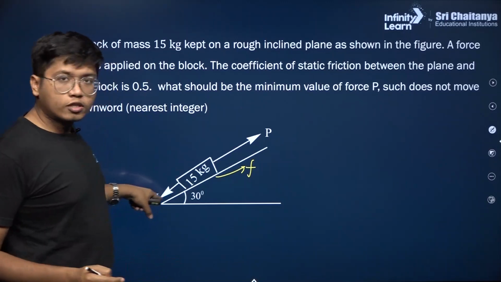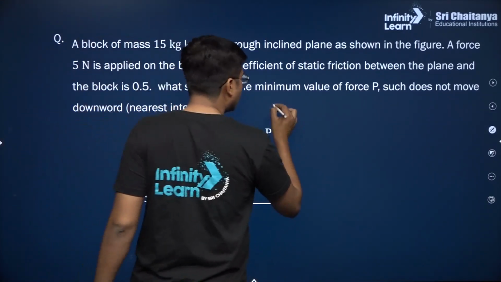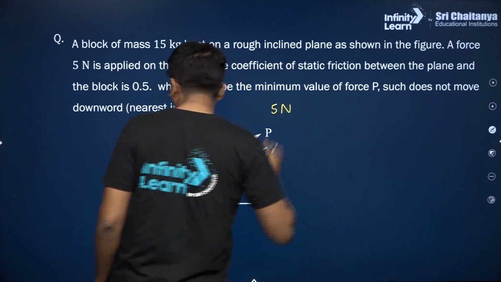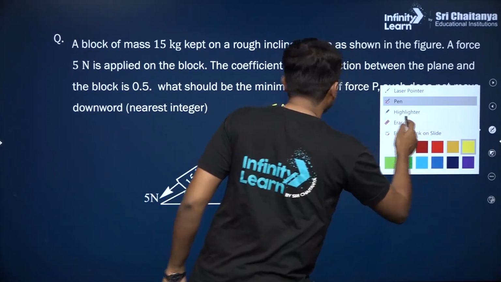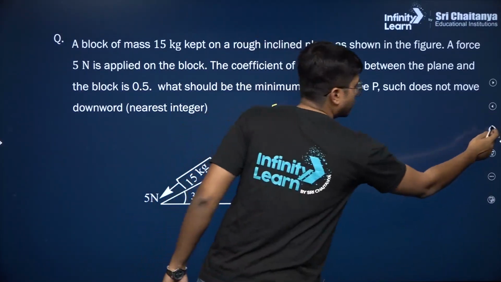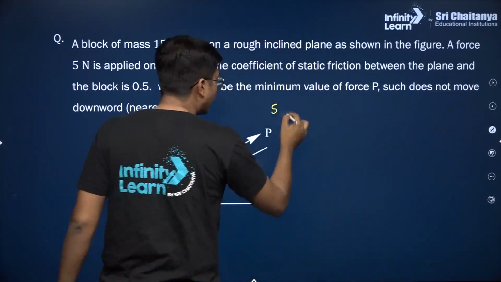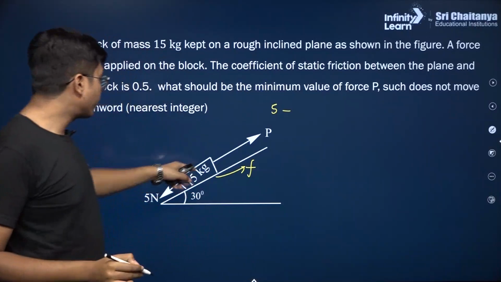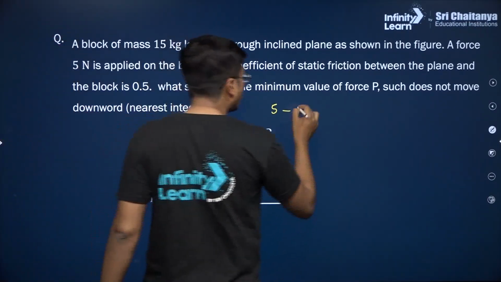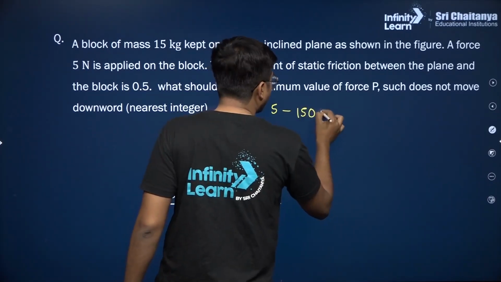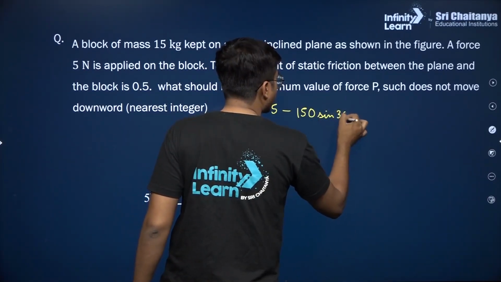So downwards, what are the forces? Downwards the forces are this 5. Let's not bring the Newton in here, that will confuse with the normal reaction force. So 5 plus mg sine theta. So mg is just 15 into 10, 150 into sine of 30.